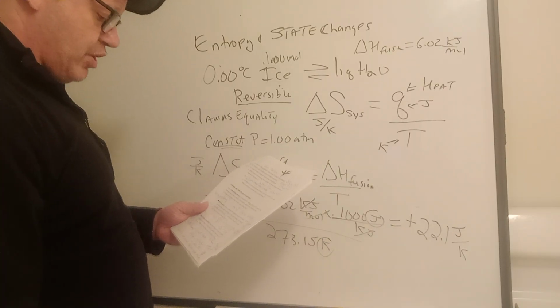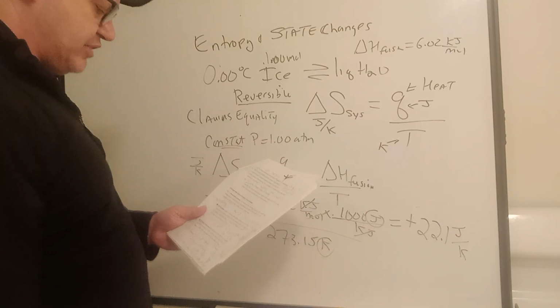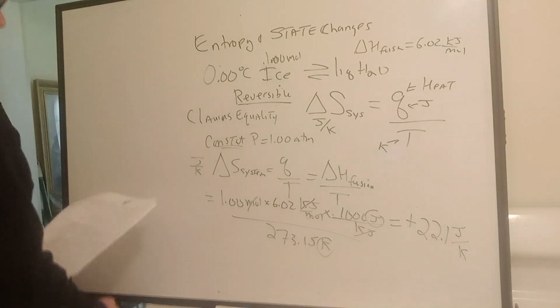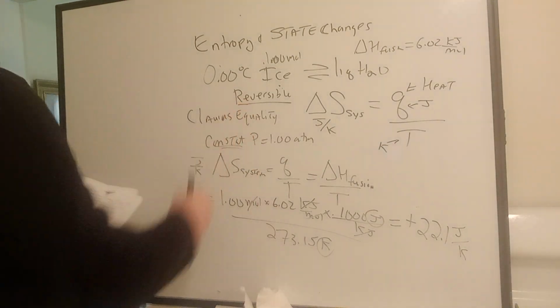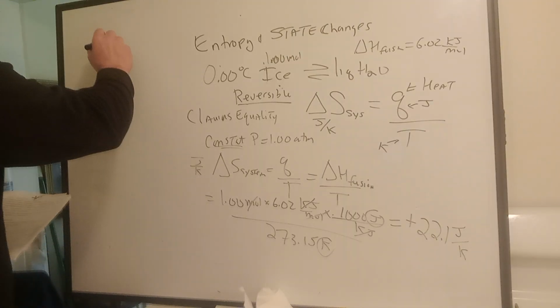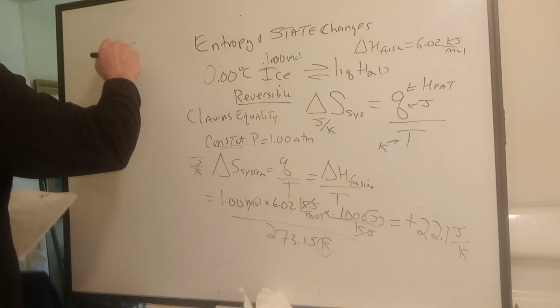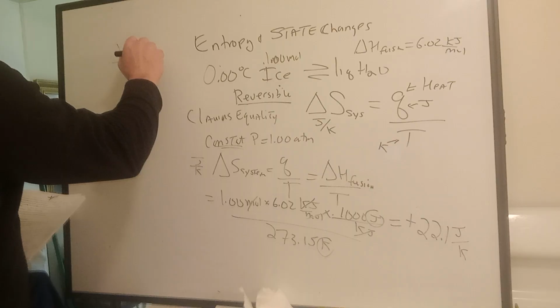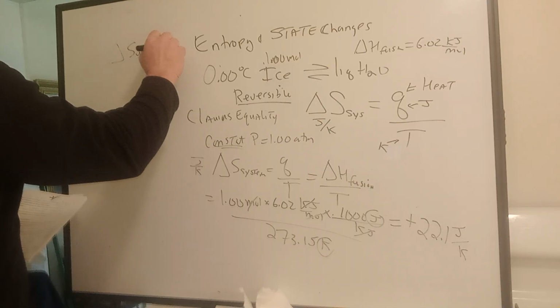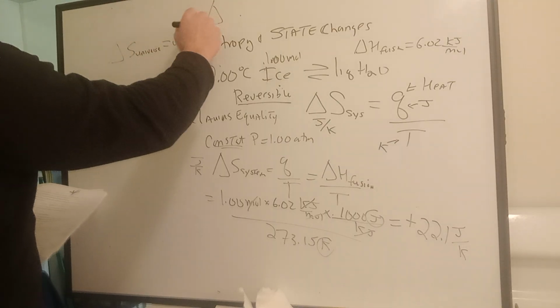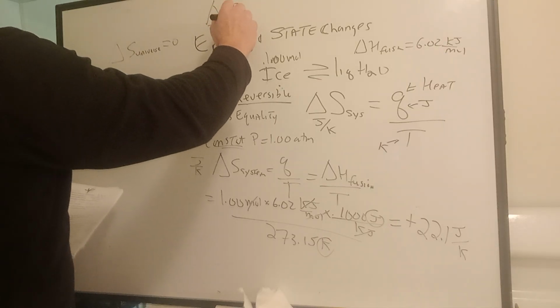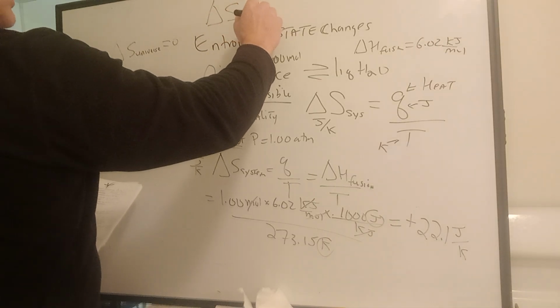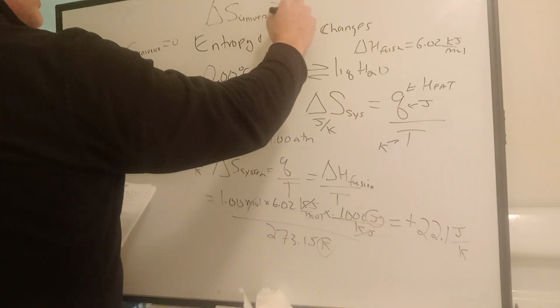it's on the phase boundary, what is the value of delta S universe? Well, in that case, for this process, when it's reversible or at equilibrium, delta S universe is 0, right? The second law is that for observed processes, delta S universe is greater than or equal to 0.